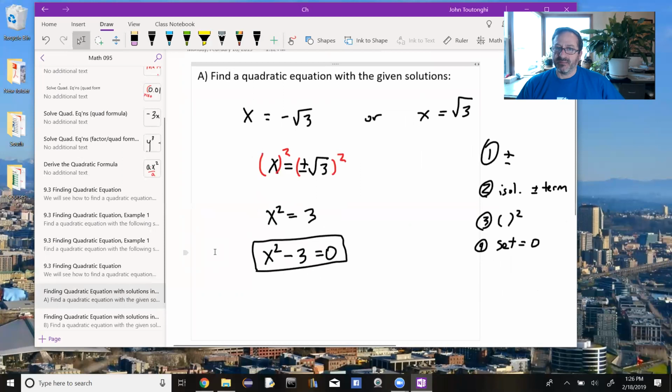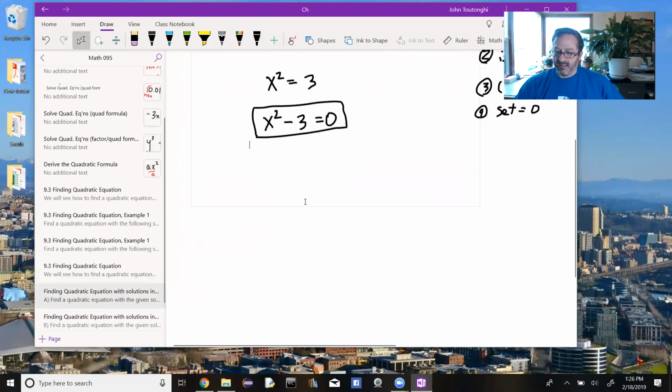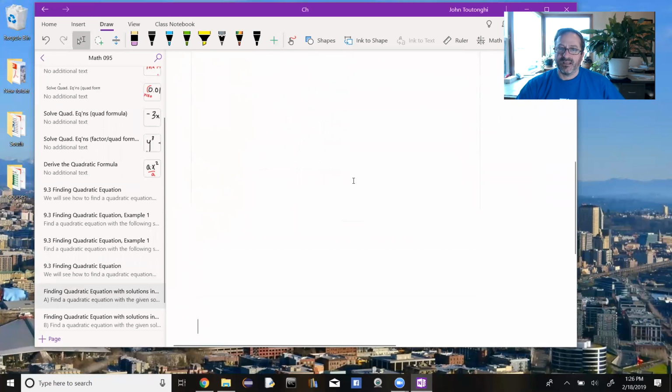I could make this a little bit harder by looking at another example where, instead of just having it equal root 3, we could have, say, x equals 2 minus root 3, or x equals 2 plus root 3.